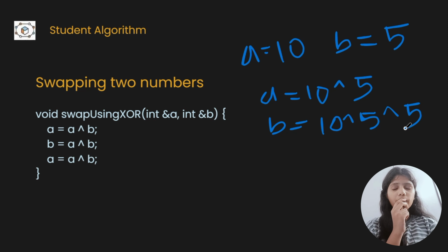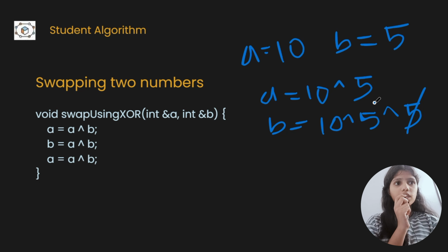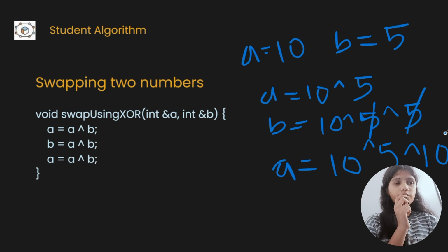So now what happened? A XOR a is equal to 0, so this and this will be cancelled out. Now a is equal to 10 XOR 5 XOR 10. Exactly this and this will get cancelled.